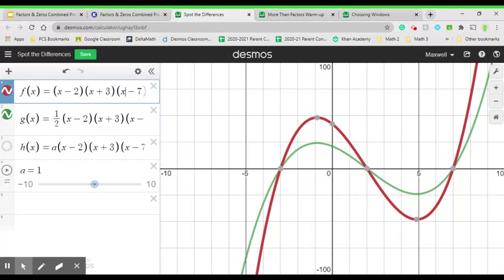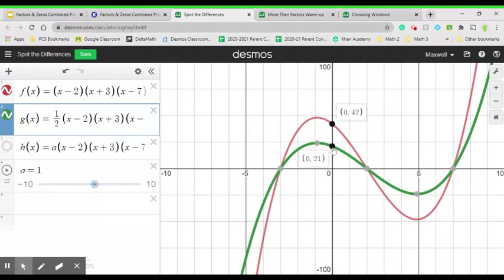They also both have 3 factors total, 3 parentheses. We can see that they have different y-intercepts, (0, 21) and (0, 42). And we can see their local maximums at these points, and then we have local minimums. Our green g of x has smaller values compared to our red f of x.